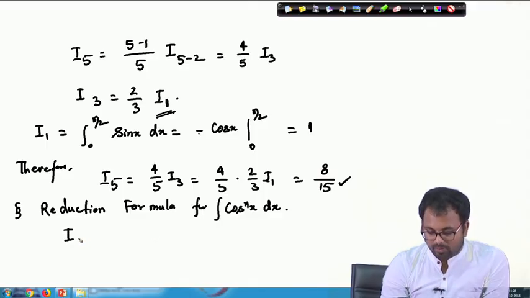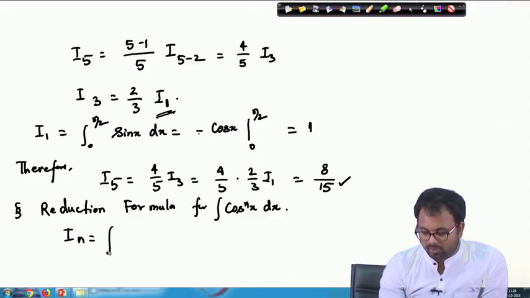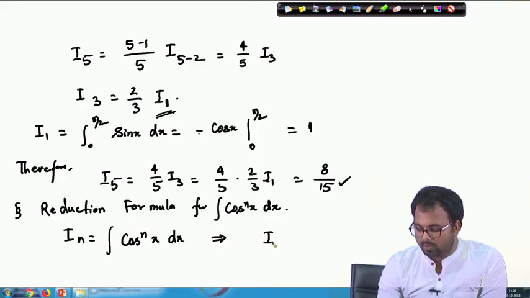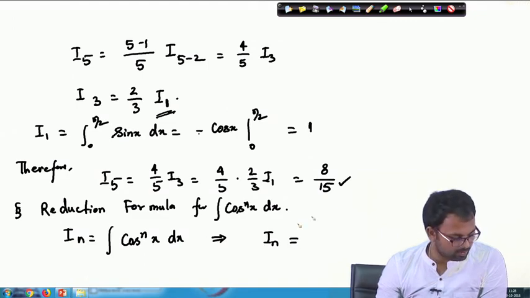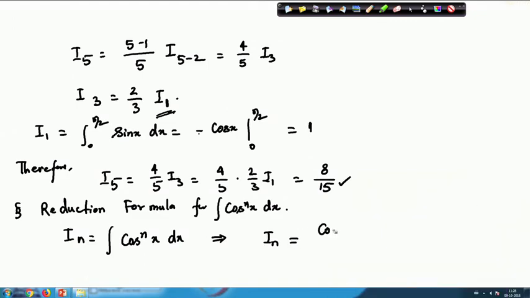So I'm just writing the formula. From here our reduction formula would be In equals cos n minus 1 x times sin x divided by n, plus n minus 1 by n times I n minus 2.